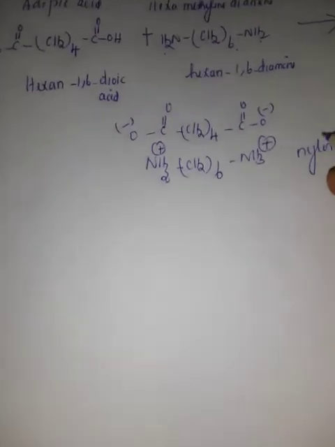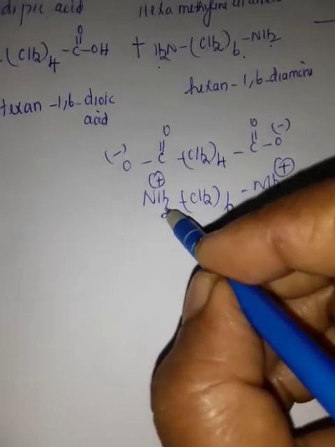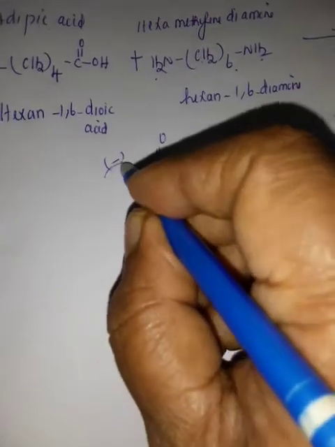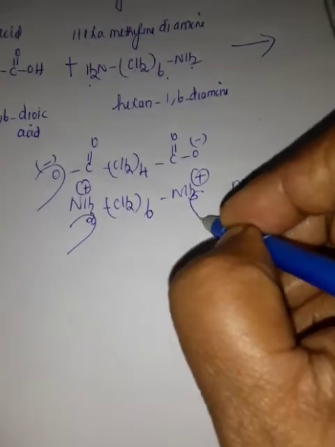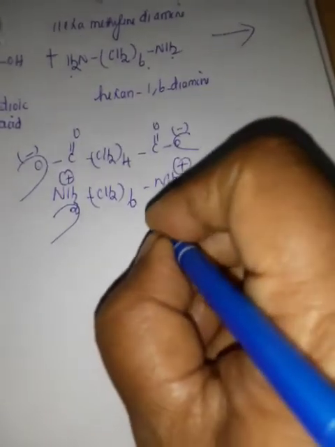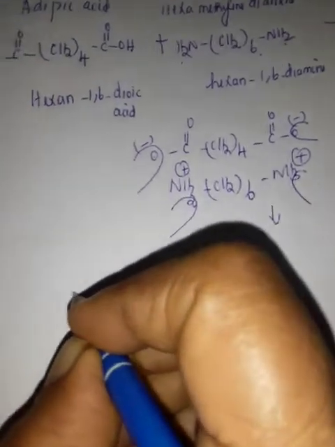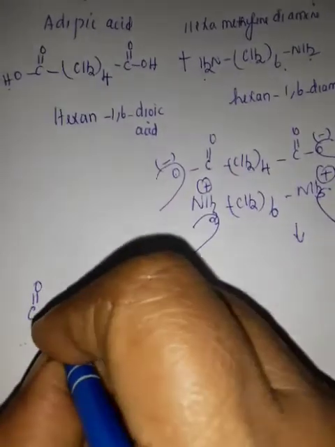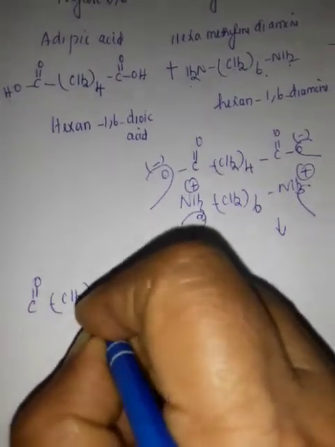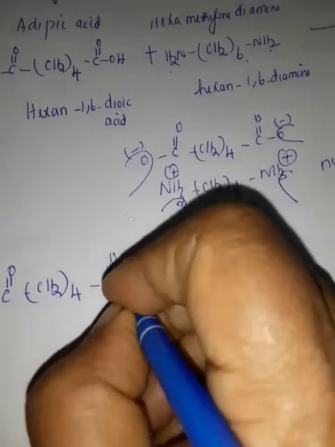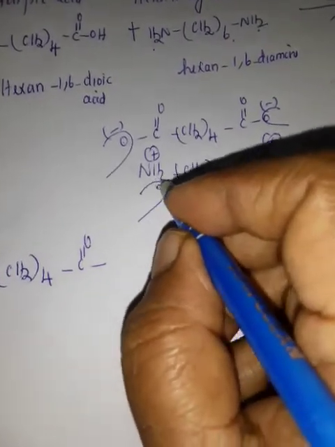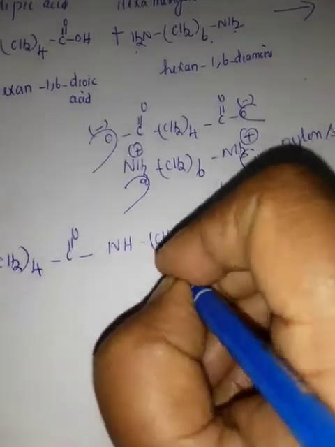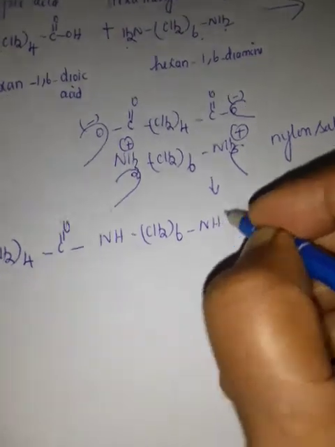In this nylon salt, here one H2 and here one O, a water molecule is removed. H2 removed, O removed. Here also H2 removed, O removed. The remaining part stays as it is, so you write C double bond O, CH2 4 times, C double bond O. Then here H2 has gone, so remaining NH, CH2 6 times, NH.